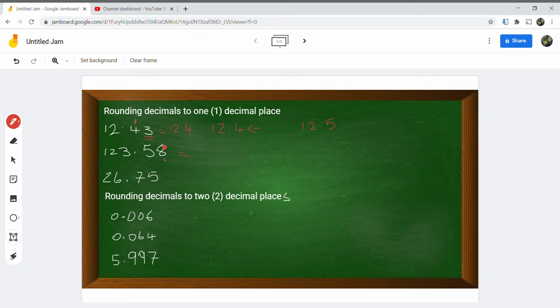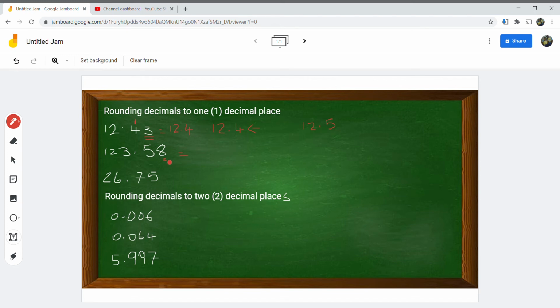If you notice, we also bring back the whole numbers. It does not mean that we leave off the whole numbers. Every digit before the hundredths position will come back. That's what you're supposed to be paying attention to here. We're not just rounding decimals and only focusing on the decimal. We're bringing back every digit before the hundredths position.